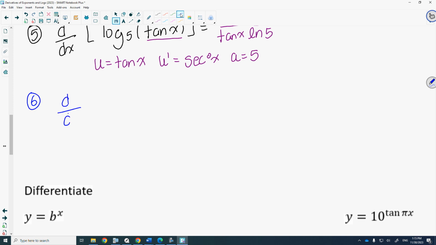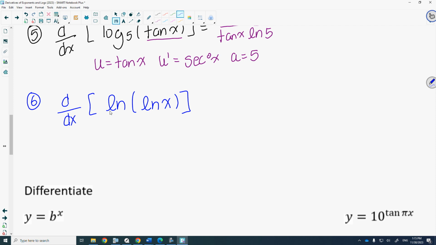So what is the derivative of the natural log of ln x? So I've got a natural log within a natural log. Or basically, this is the argument of this natural log.